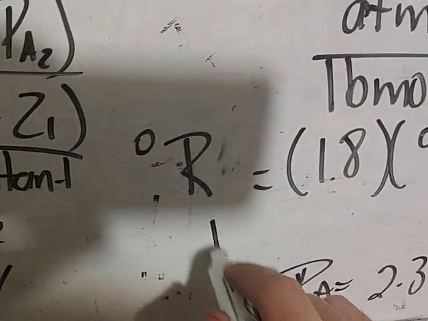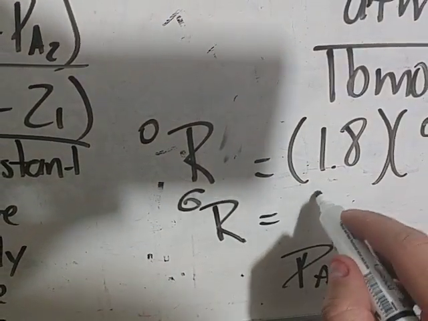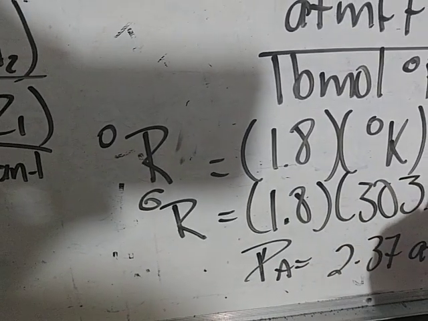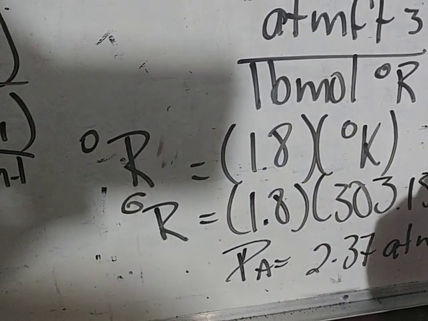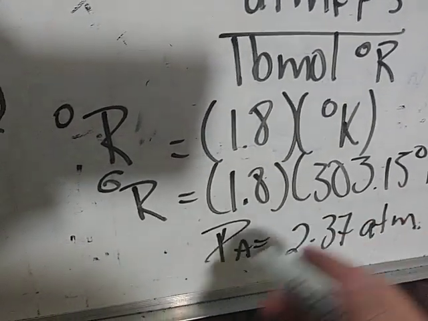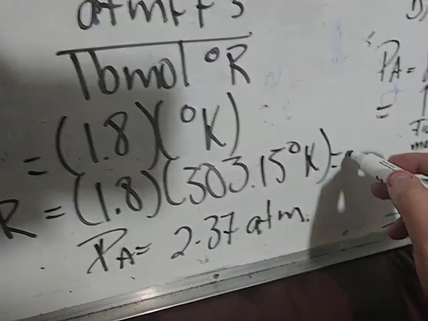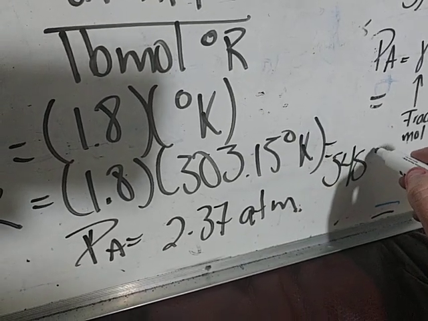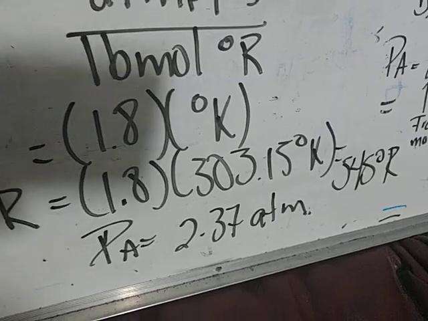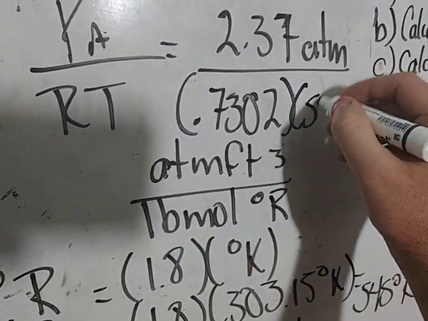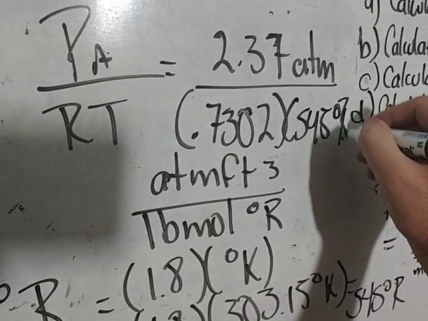So, considering this, 1.8 is going to multiply 303.15 Kelvin degrees. In this situation, I'm going to obtain the Rankine that is given by 545 Rankine degrees.